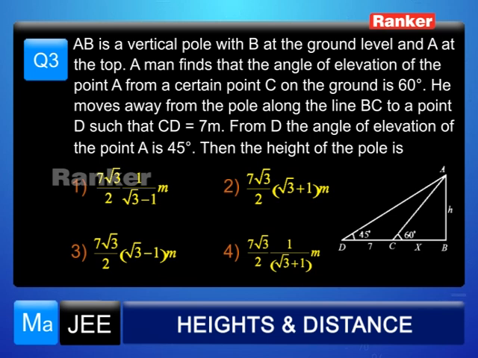From D, the angle of elevation of the top of the vertical pole, that is A, is 45 degrees. Then the height of the pole is: first option, 7 root 3 by 2 into 1 by root 3 minus 1. Second option, 7 root 3 by 2 into root 3 plus 1. Third option, 7 root 3 by 2 into root 3 minus 1 meters. Fourth option, 7 root 3 by 2 into 1 upon root 3 plus 1 meters.